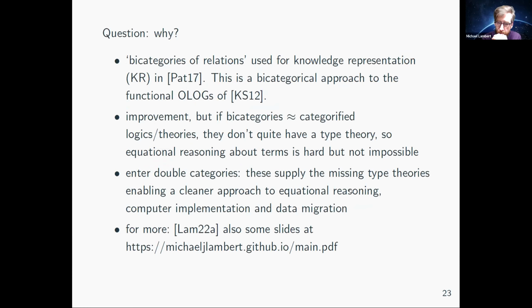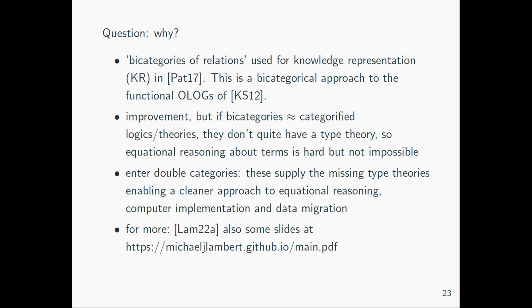I just have a question on the very last slide. I'm not sure I get what you mean by that they don't quite have a type theory, so equational reasoning about terms is hard but not impossible. This is really my opposite view on Cartesian bicategories. It's kind of confusing to me.